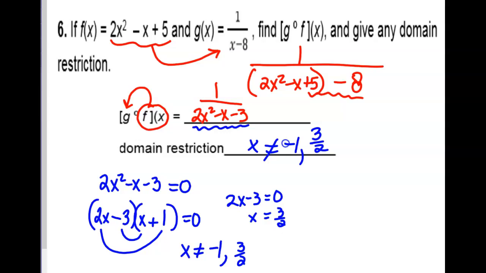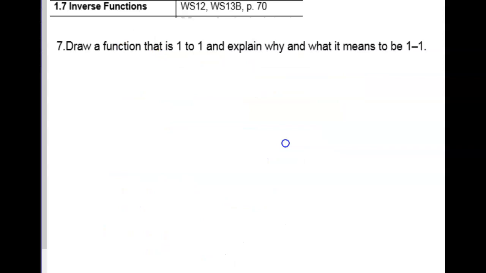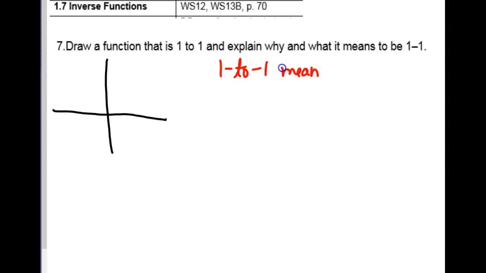No? Anybody? All right. Number 7, draw a function that is 1-to-1 and explain why and what it means to be 1-to-1. Anybody remember what a 1-to-1 function would look like? 1-to-1 means it passes what?